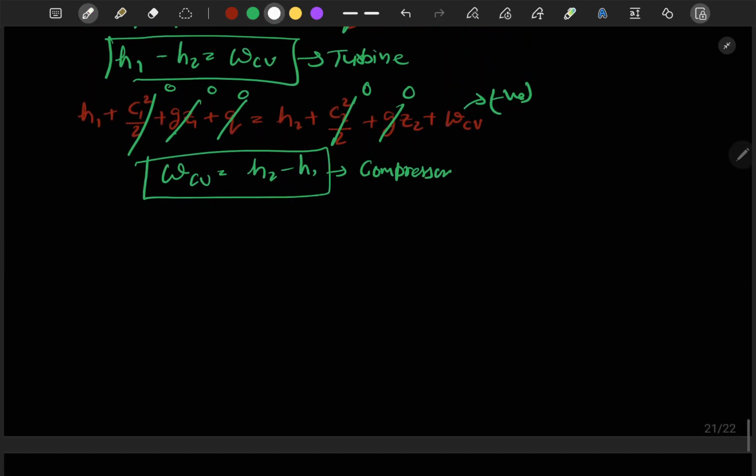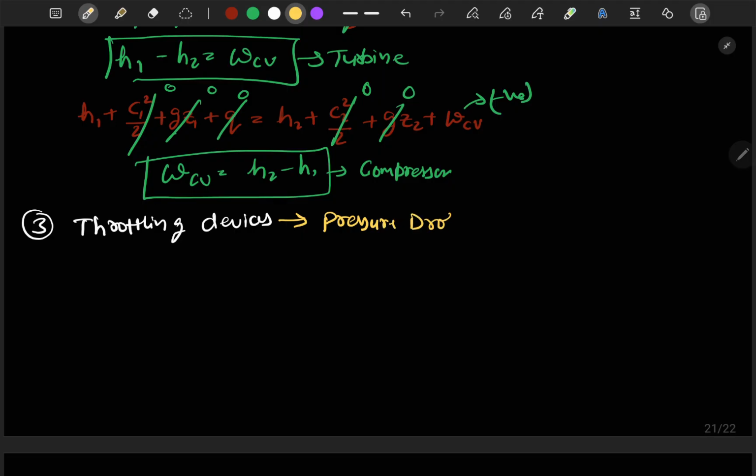Next we will look into the third device. The third device is throttling devices. What is the purpose of a throttling device? The purpose of a throttling device is to drop the pressure in a flow. Now there are various types of throttling devices.